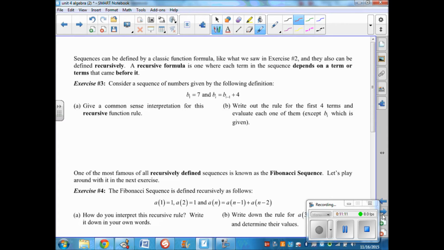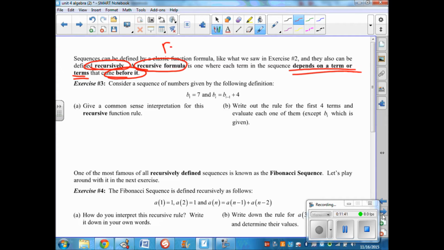The sequences can be defined by a classic function formula like we saw in exercise 2. We just got done working with that. And they also can be defined recursively. There's a new vocabulary. So it says a recursive formula is one where each term in the sequence depends on the term or terms that come before it.